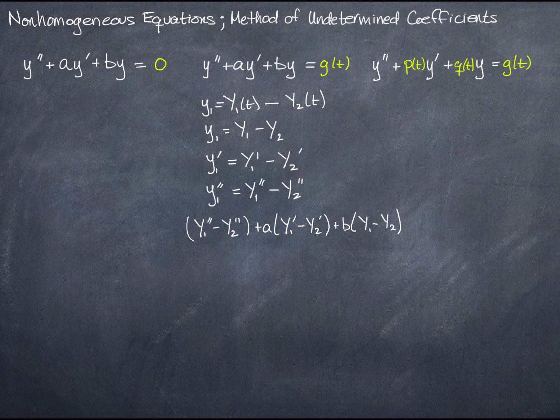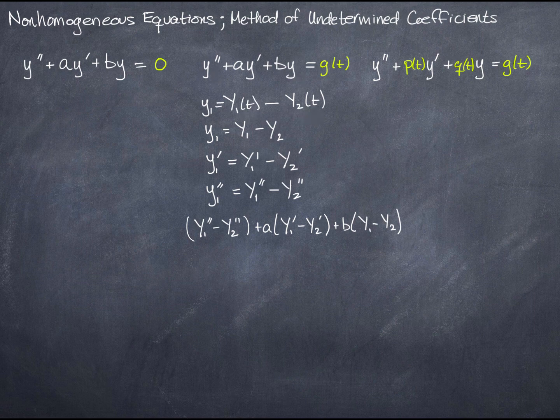Now, I'm not plugging these into this equation per se. I'm plugging these things into the left-hand side of the equation, because what I want to find out is what happens when I do that. Keep in mind, Y1 and Y2 are known to be solutions. We may not know what those expressions are, but we know that they are solutions to this equation.